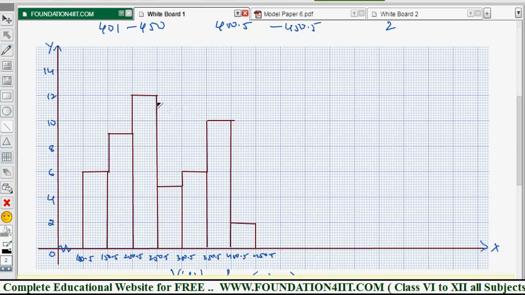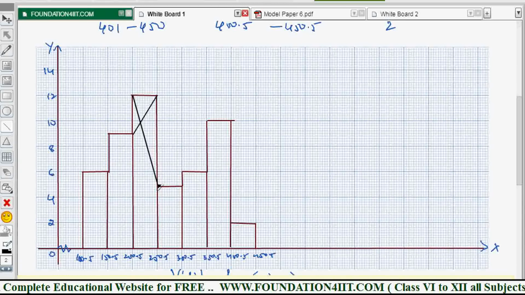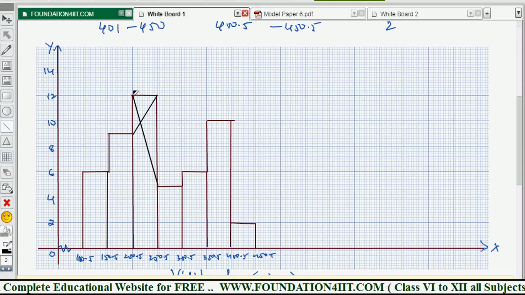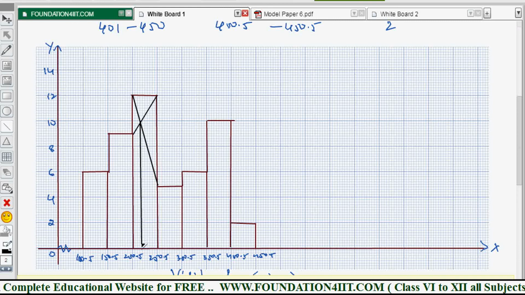Highest upper limit to previous upper limit you join, and lower limit to next lower limit you join. Upper to the previous upper, lower to the next lower, join. Now where these two lines join, from there you can draw the straight line towards the x-axis.